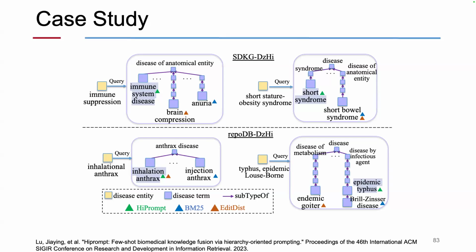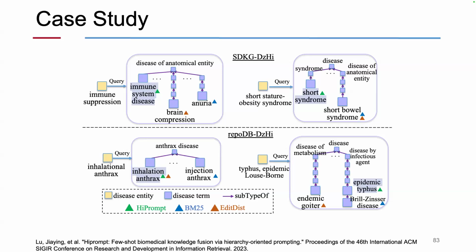It's hard because the language model usually doesn't understand that this particular syndrome is also a type of disease, right? And if it doesn't understand that fact, it will put it on the non-disease side. That leads to a wrong answer.